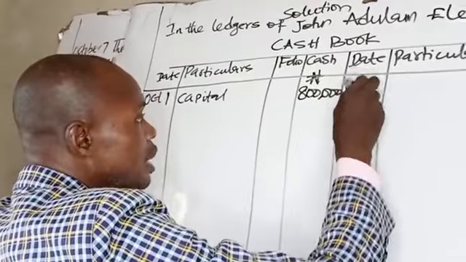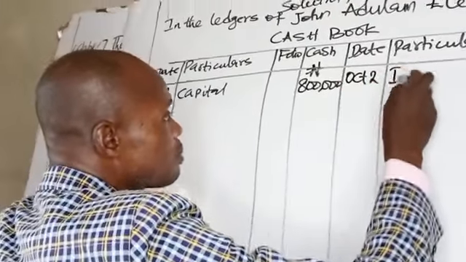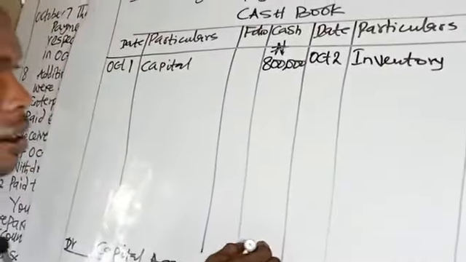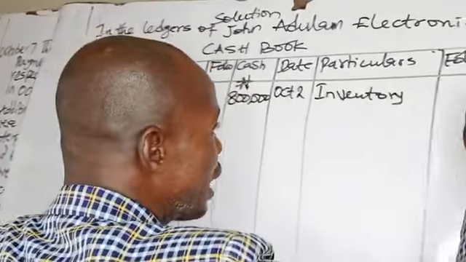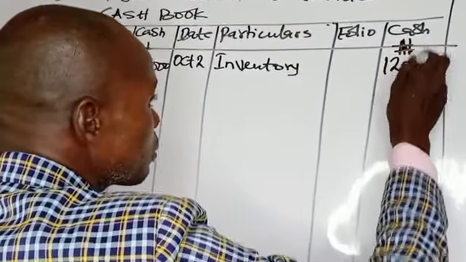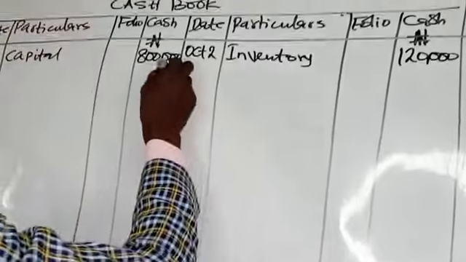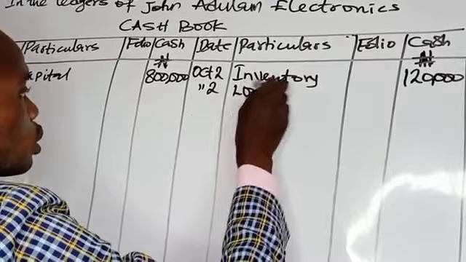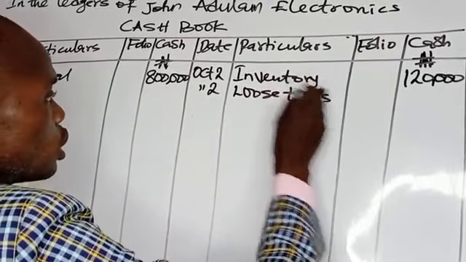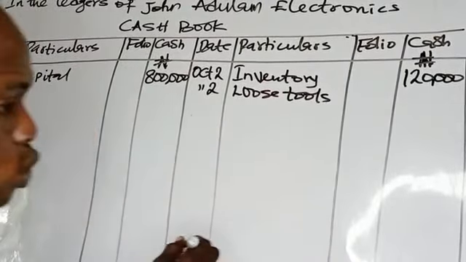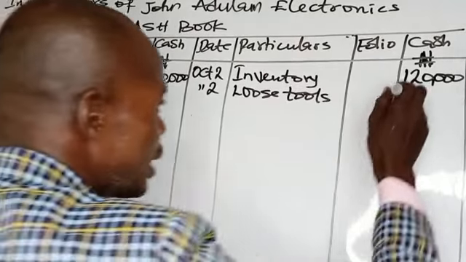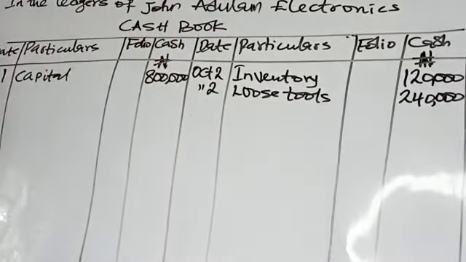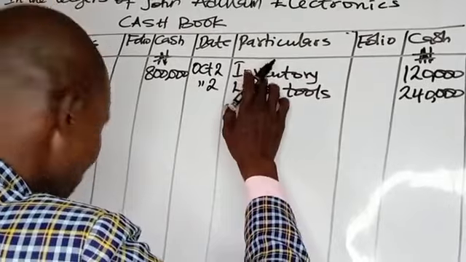October 2nd, purchase of inventory by cash of 120,000 naira. Then the same October 2nd, loose tools, and that amounted to 240,000 naira. So you are going to open a ledger for inventory and loose tools.